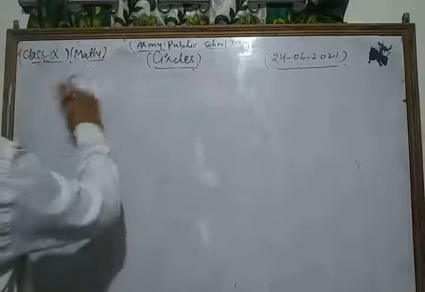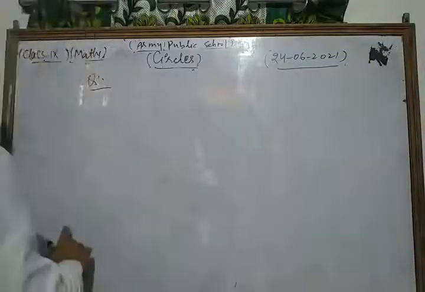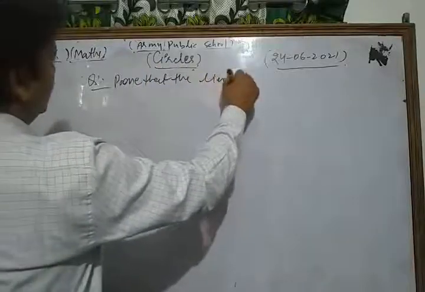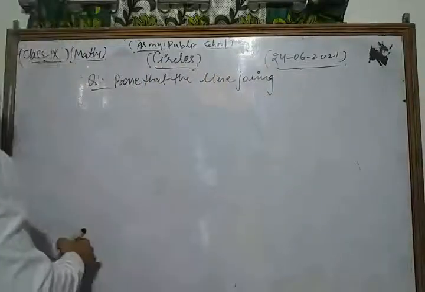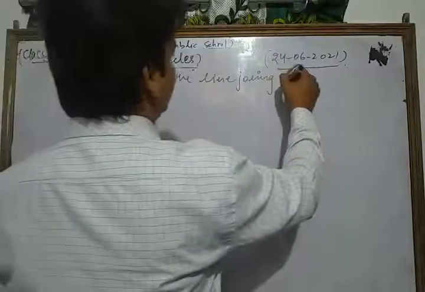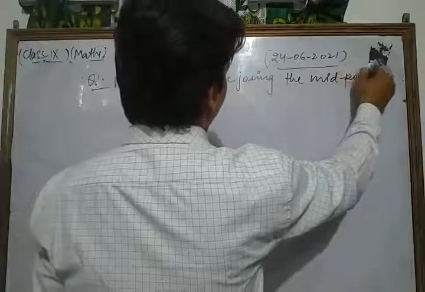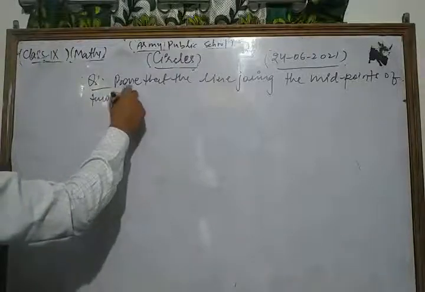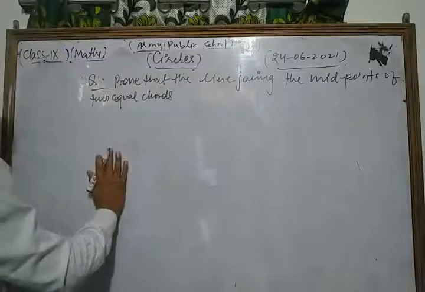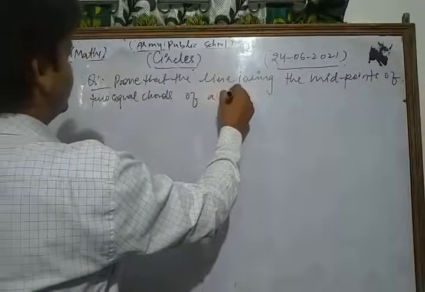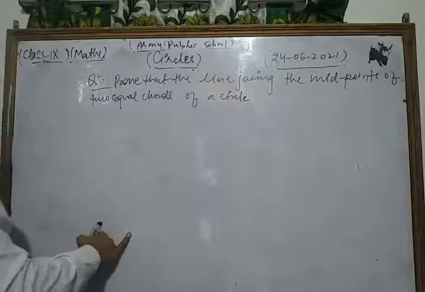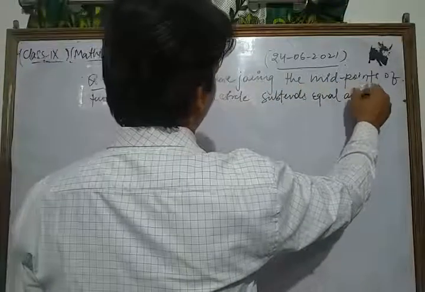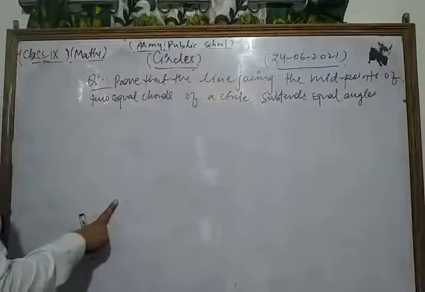Now we take another question from your NCERT book. The question is, prove that the line joining the midpoints of two equal chords of a circle subtends equal angles with the chord.